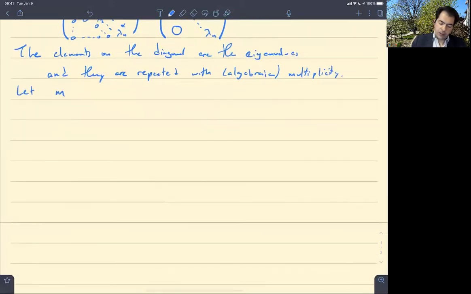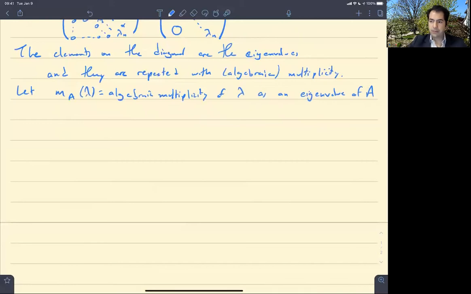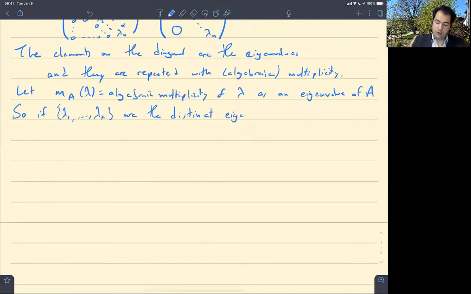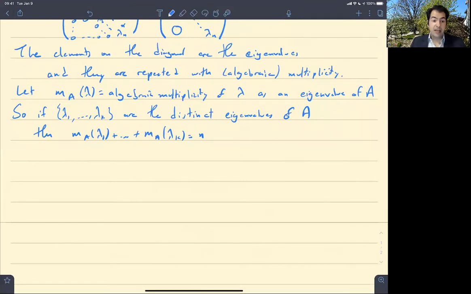All right, so let's use the notation m sub a of lambda to be the algebraic multiplicity of lambda as an eigenvalue of A. So if we list lambda 1 through lambda k, the distinct eigenvalues of A, then we know that if I sum the algebraic multiplicities, I need to get n, because I have an n by n matrix, and the algebraic multiplicities are just how many times each lambda occurs on the diagonal.